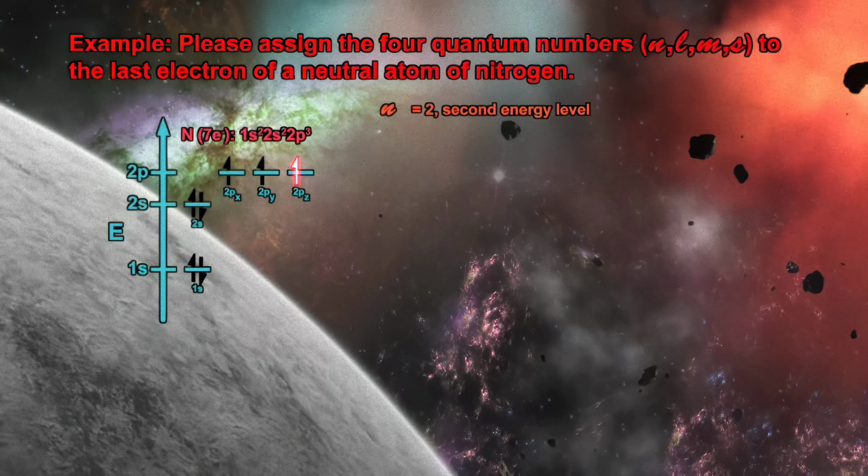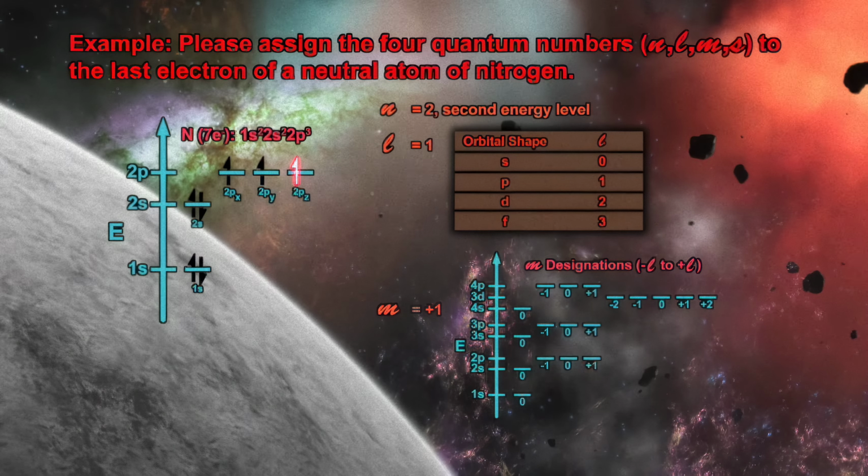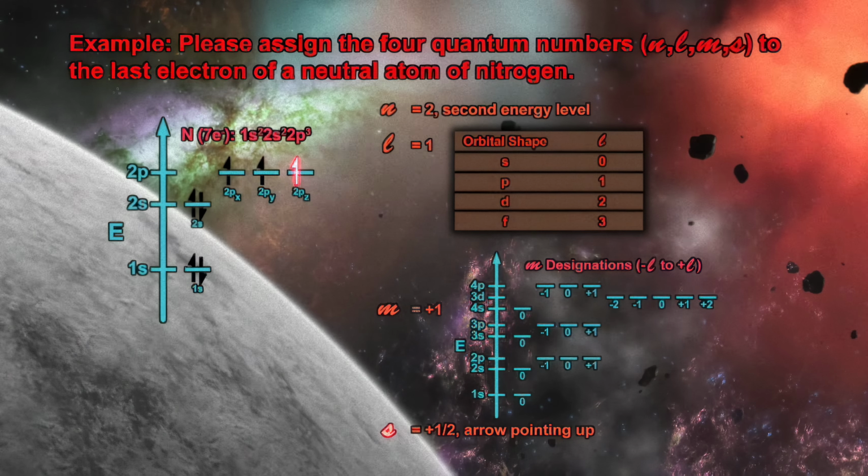The third quantum number, the magnetic quantum number M, has the designations shown from minus L to plus L. Thus, this electron in the last 2p orbital has the value of plus 1. And the last quantum number, which indicates the spin of the electron, is plus 1/2 because the electron is pointing up. Thus, the 4 quantum numbers are 2, 1, plus 1, and plus 1/2.